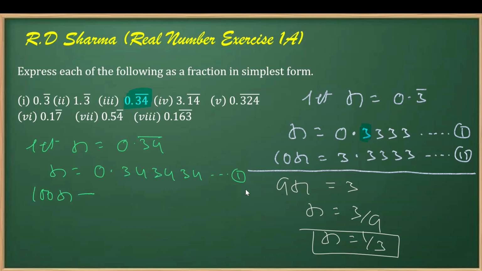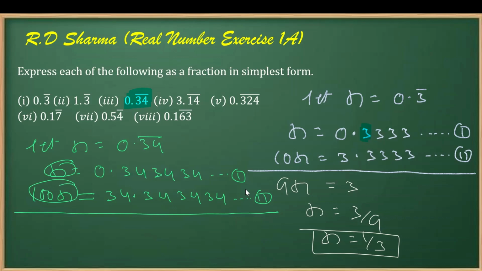The reason for this is we want this 3, 4 to come before the decimal. So it's going to be 34 point, and I can continue to write 3, 4, 3, 4 as many times. I wrote this 3 times. Here too we'll be subtracting the first equation from the second.